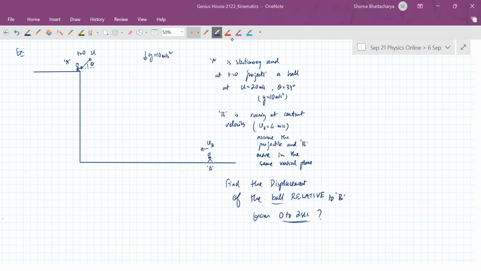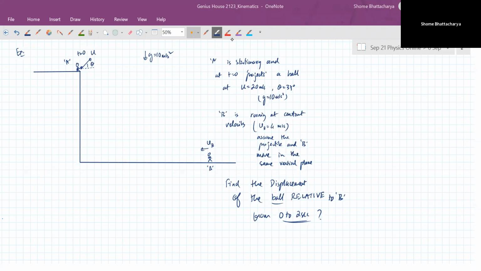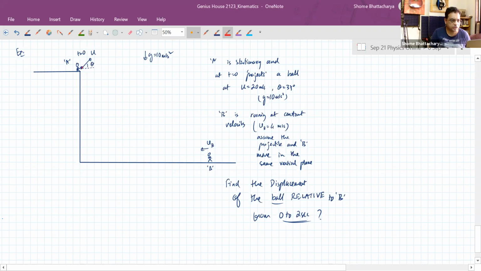Okay, so I'm just verifying the answers, people. What you will see is that from 0 to 2 seconds, the projectile would have made a displacement like this. Let's say it's here at 2 seconds, so the displacement of the projectile, or the ball, would be like this.